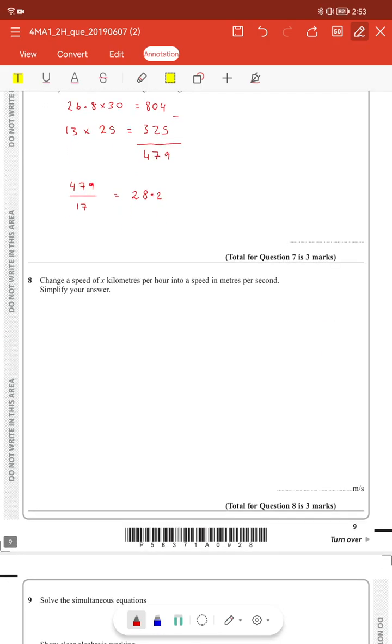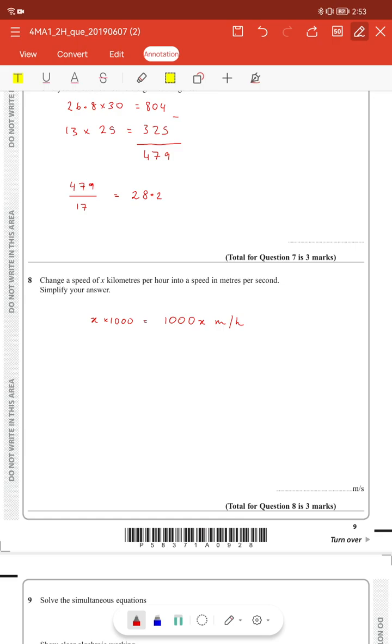Change a speed of x kilometers per hour into meters per second. Simplify your answer. So the first thing we want to do is x times 1000 would give us 1000x meters per hour. Now if we want to convert that into minutes, we're going to divide it by 60.